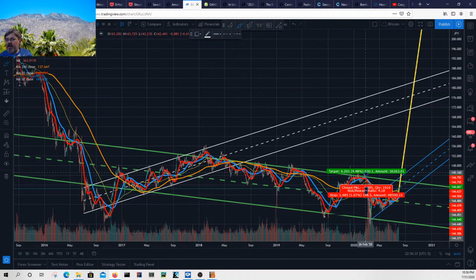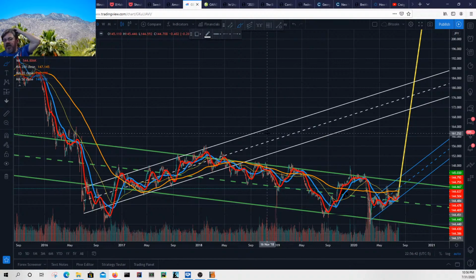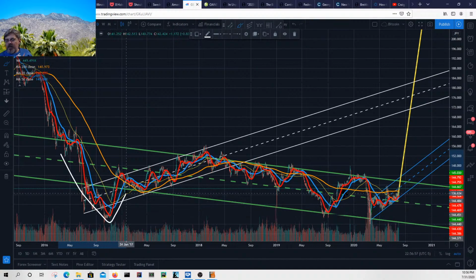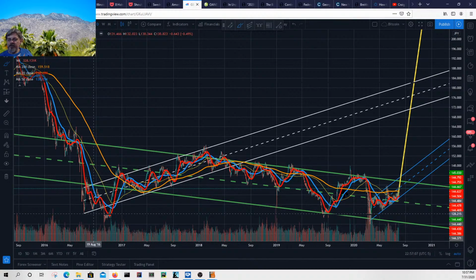So see how we have the channel, the green one, and these colors aren't standardized at this time frame. I like to use different colors for each time frame and try to keep them the same. But you'll see here that we have this channel form. You'll see that the price came down below the channel and then back up, right? Okay, well, that was for that channel, but then as it forms this other channel inside the larger channel, look what it does.